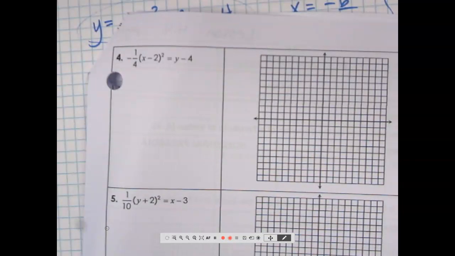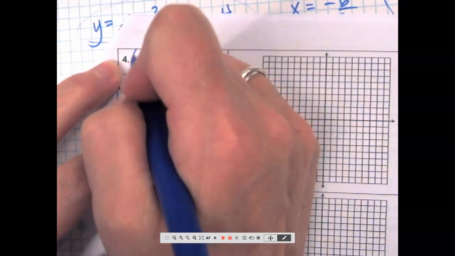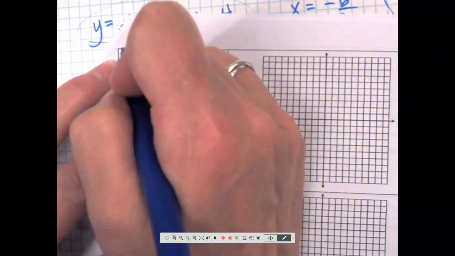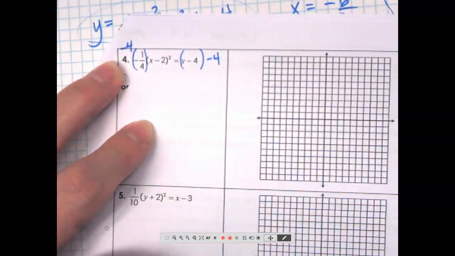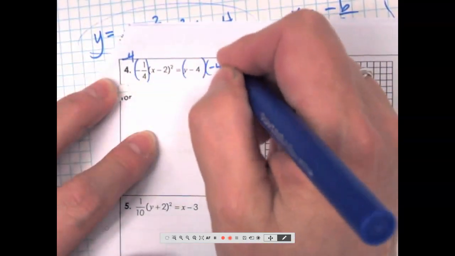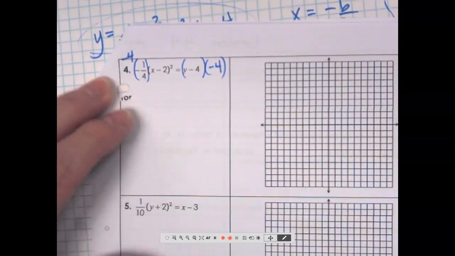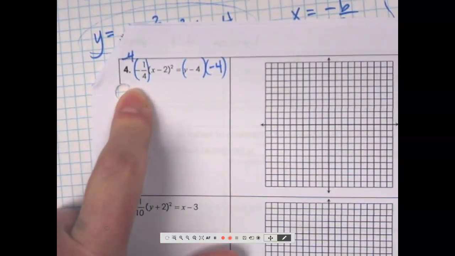So how do I get rid of the negative 1/4 out front? Divide by negative 1/4. Okay, but dividing by negative 1/4, can't I just multiply by negative 4? Because what is negative 4 times negative 1/4?